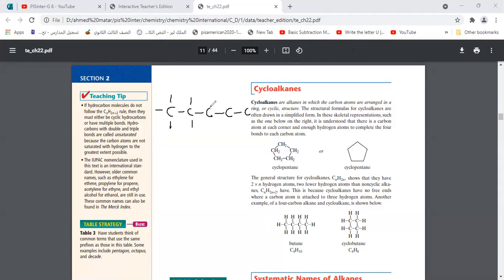So just put hydrogen above the carbon, like this. How many carbons, how many hydrogens in this one, guys? How many hydrogens in the pentane?